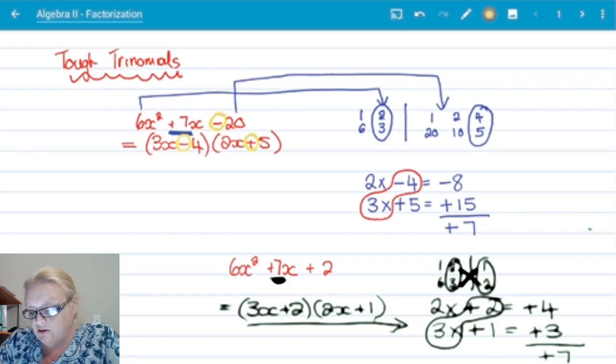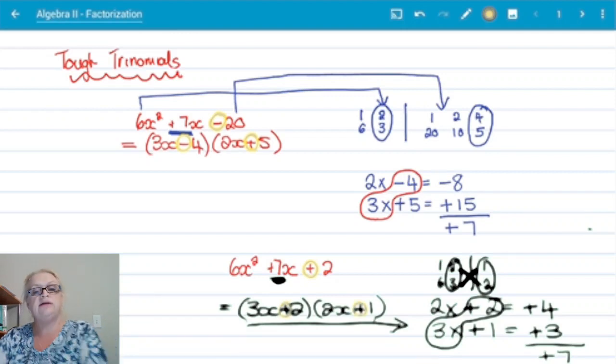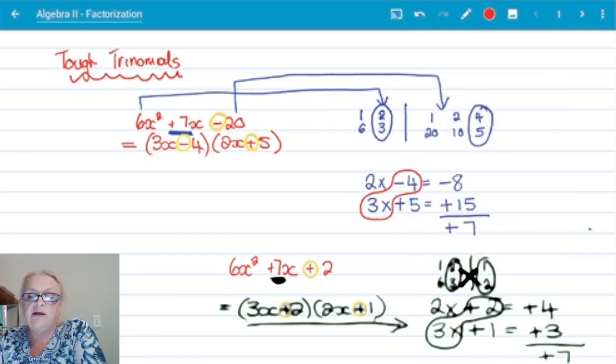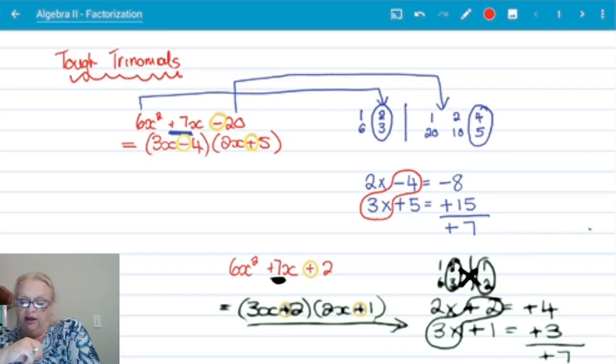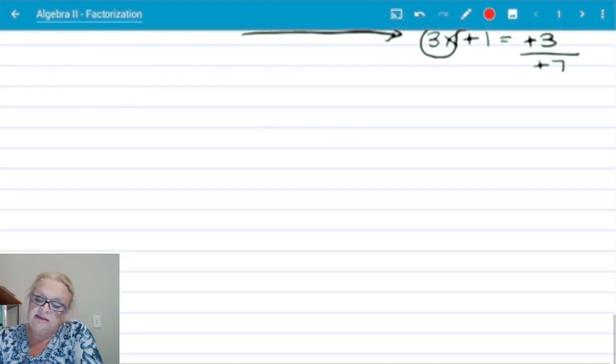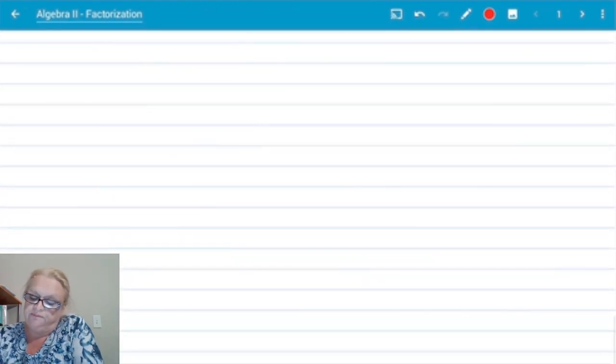In my second example, I happen to have had a plus over here, and I happen to have found an answer with the same signs. So everything worked out fine. But every now and again, you find a sum where you have an option between more than one factor pair. Okay? Let's do one of those examples now.